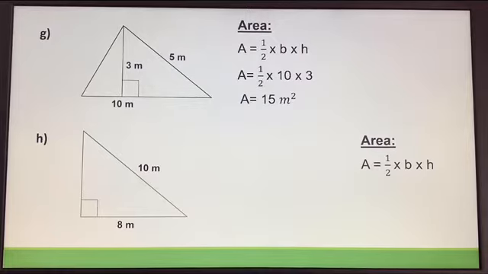Now the next two examples that we are going to do, you'll see the height is missing. In order to calculate the height, we use a method called Pythagoras. Now we have not taught you this, as we're going to do it after lockdown when we go back to school.